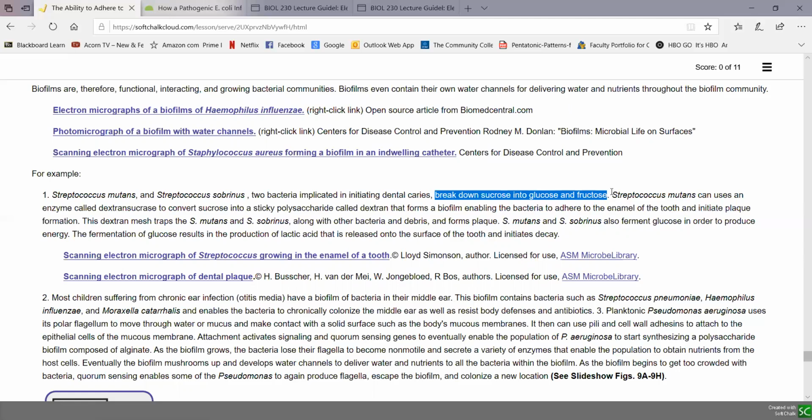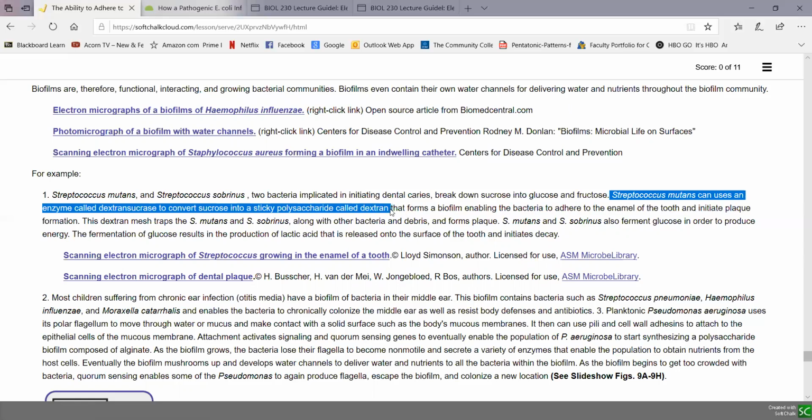The Streptococcus mutans can now use an enzyme called dextransucrase that converts sucrose into a sticky polysaccharide called dextran. And it's this dextran made by the bacterium from the sucrose that forms the biofilm that enables the bacteria to adhere to the enamel of the tooth and initiate plaque formation on the teeth.